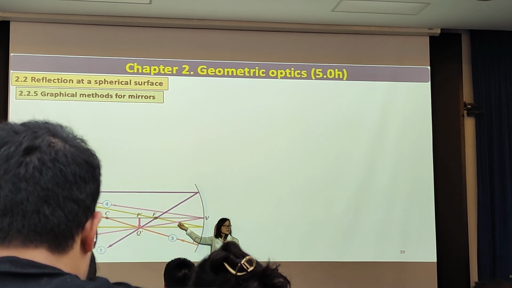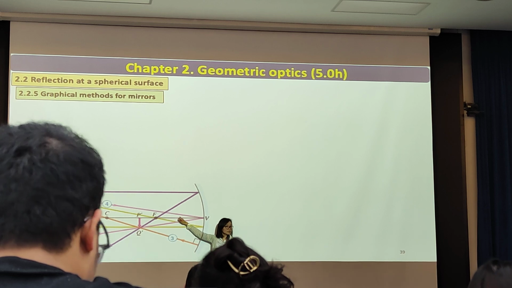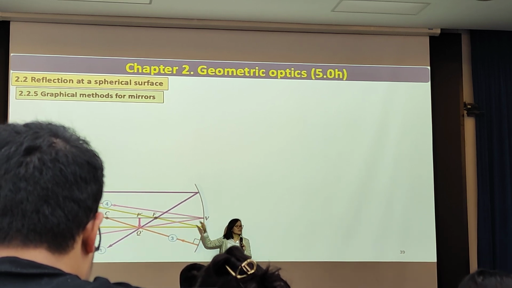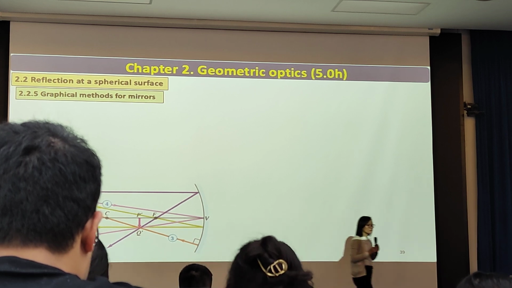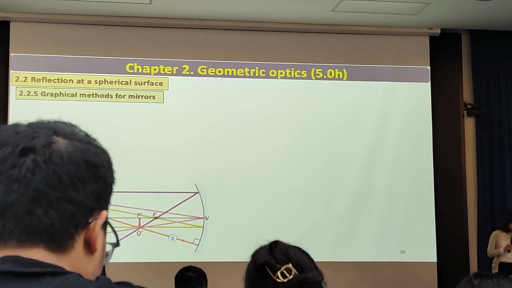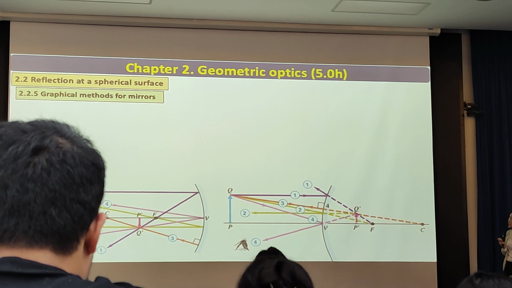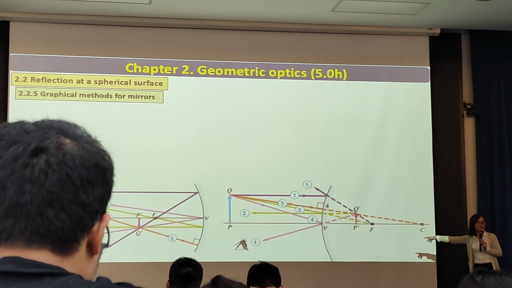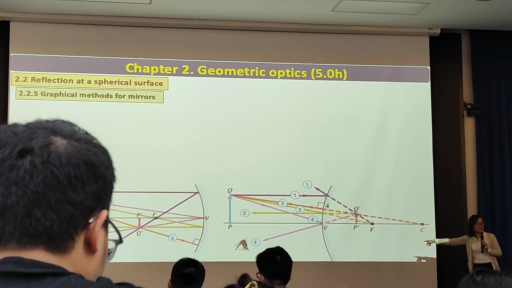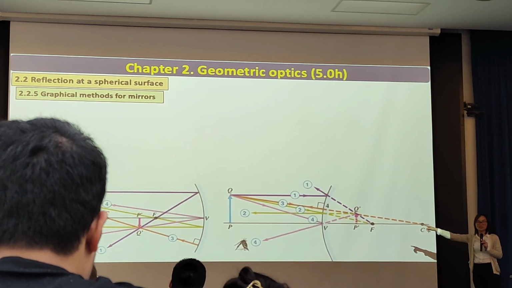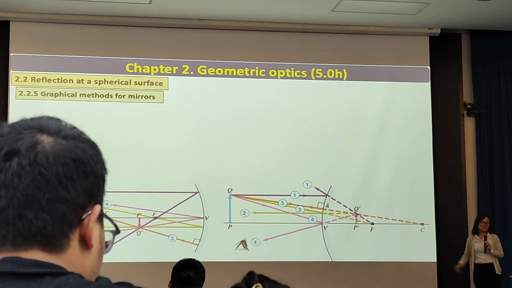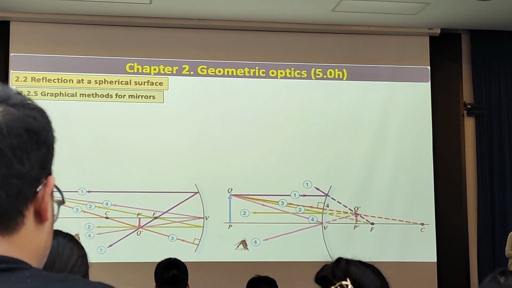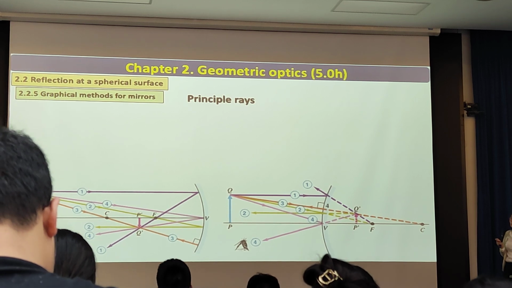It reflects symmetrically, right, to the incident ray about the optic axis, or it reflects at the same angle as the incident ray. Similar to the case of the, what is the name of this mirror? Convex. Yes, so concave, and here convex, the same. So finally we have the principal rays.